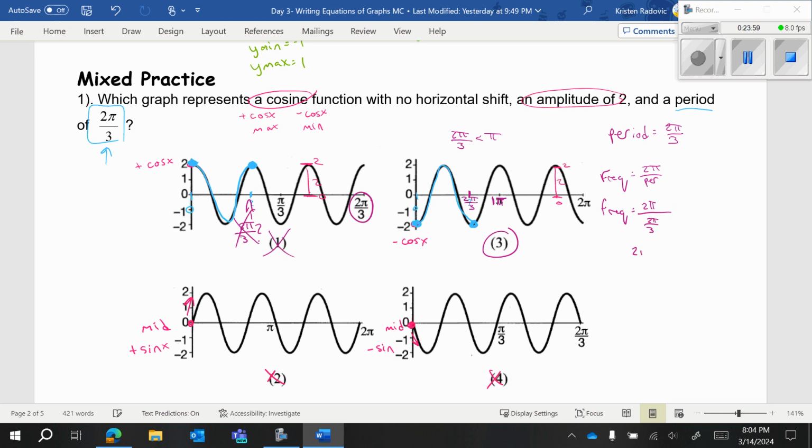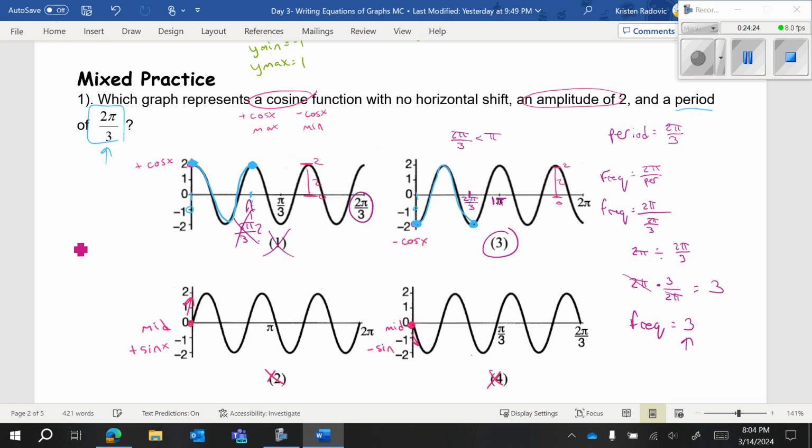This is 2 pi divided by 2 pi over 3. Do you remember keep, change, flip? You keep the first fraction, you change it to multiplication, and you flip the second fraction. When you multiply, the 2 pi's cancel out, and you're left with 3. So the frequency is 3.